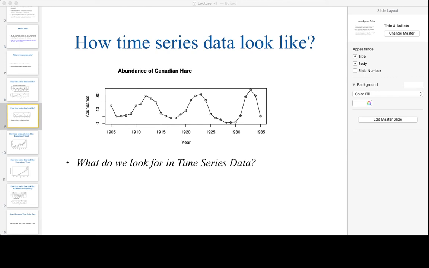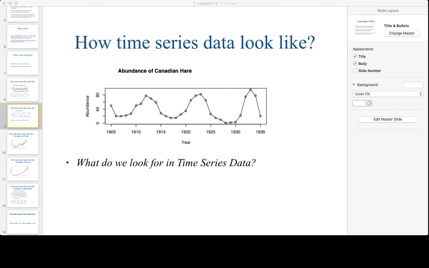So this is the t-th period, and this is my t minus 1th period. This is one way to understand if there is any relationship between two consecutive periods: the scatter plot.